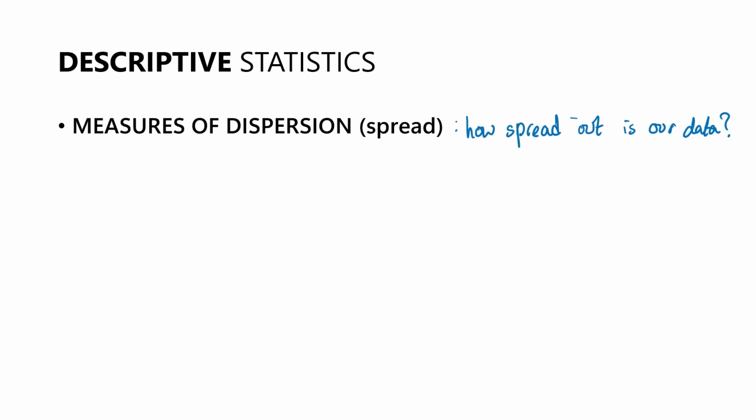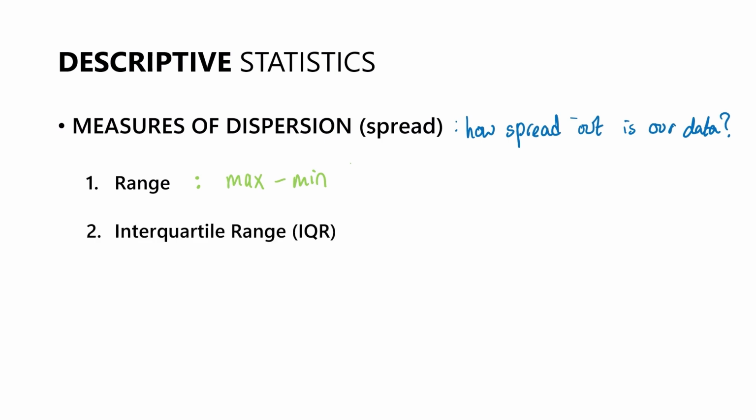So that's where these measures come in, which are just different ways of telling us how spread out our data is. The first one, which is probably the simplest one of them all, is range, which is just the difference between the highest and lowest observation or values. So it's just the maximum value minus the minimum value in the range of data.